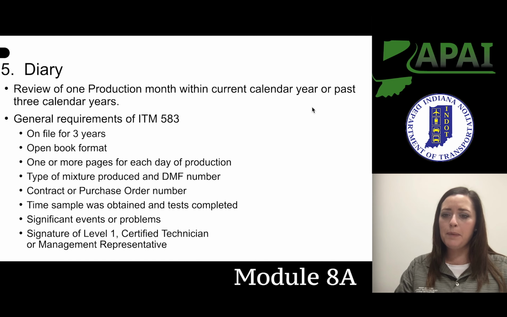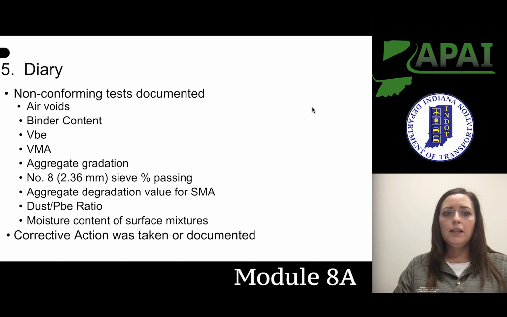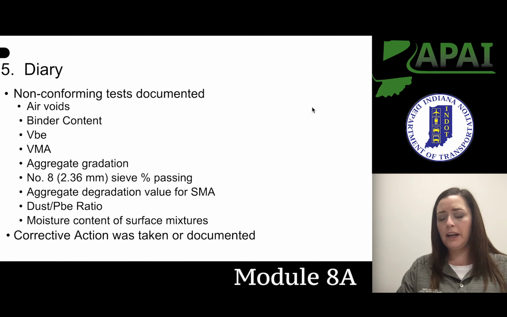Each of these diary pages on the days that NDOT mixes are produced need to be signed by a level 1 technician, a certified technician, or management representative. The diary also needs to include any non-conforming tests. These tests include percent air voids, percent binder content, the volume of effective binder, the VMA, and if there's an aggregate gradation or a blended aggregate gradation that's out of tolerance.